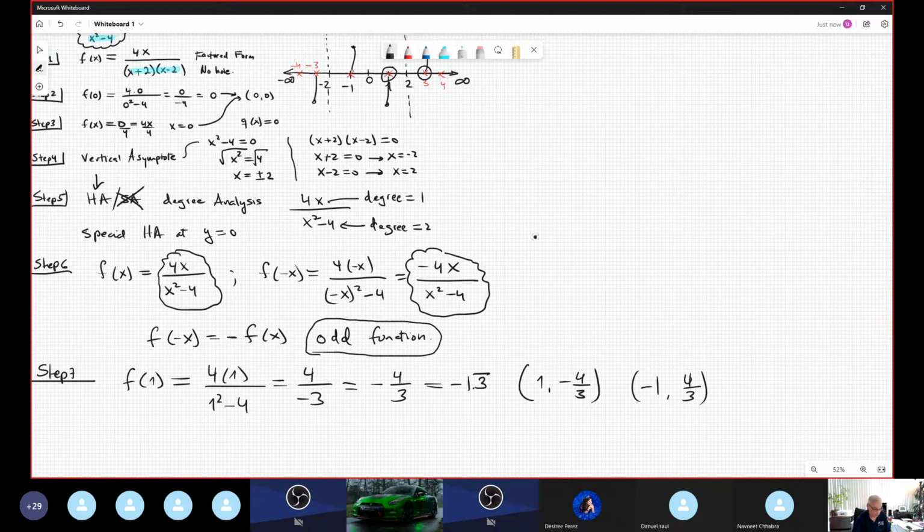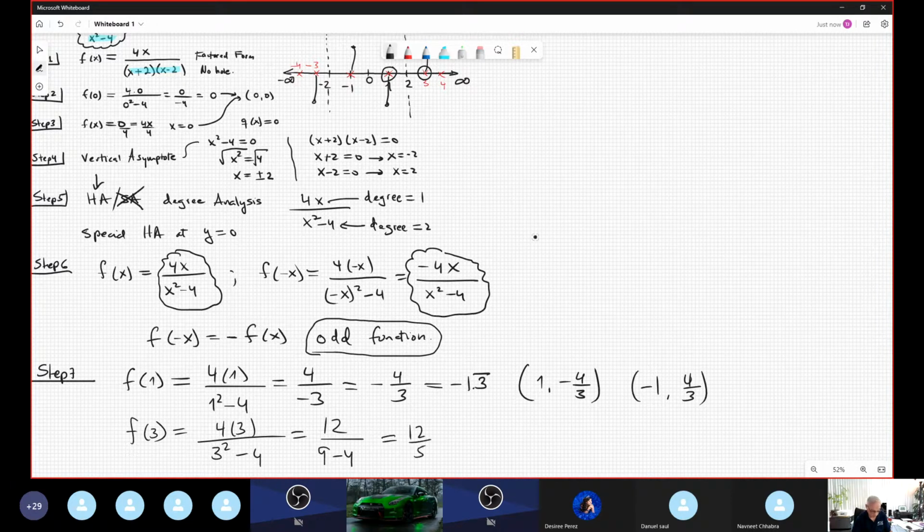Another important one, 3. It's 4 times 3 divided by 3 squared minus 4. 4 times 3 is 12, divided by 9 minus 4, and 9 minus 4 is 5. It's 12 over 5.